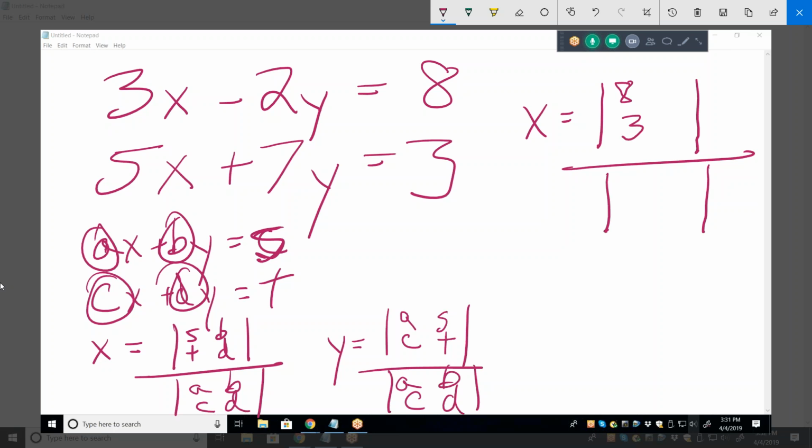What goes next? That is going to be -2. And 7. In the bottom matrix: 3, -2, 5, and 7. And when you're calling out the coefficients for a matrix, are you going across the rows or down the columns?